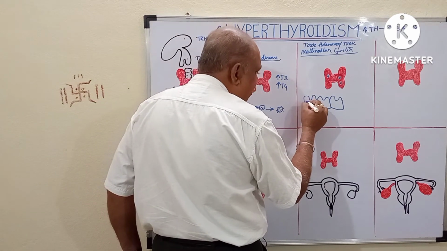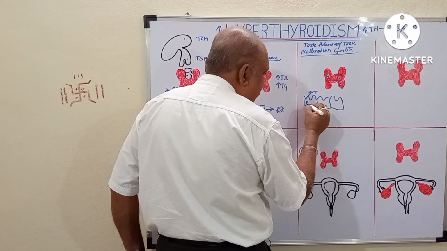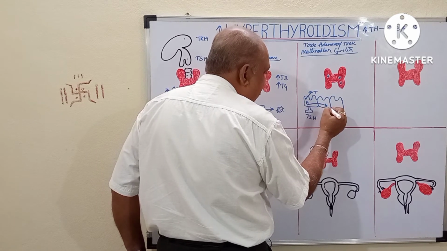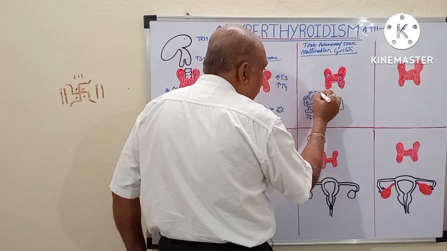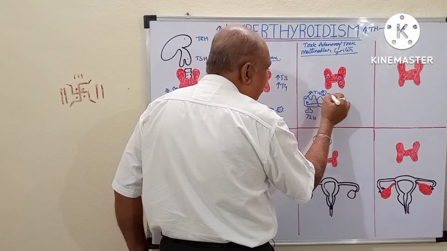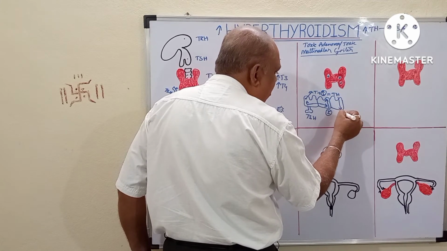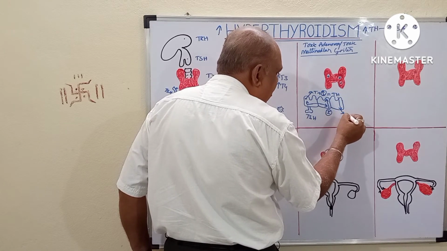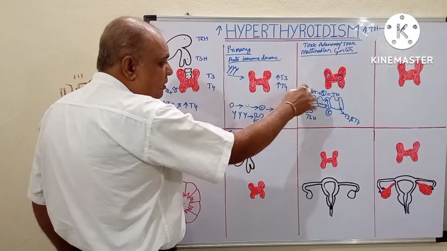It stimulates thyroglobulin as well as iodine and gives rise to thyroid hormone into the bloodstream as T3 and T4. This is a normal process.